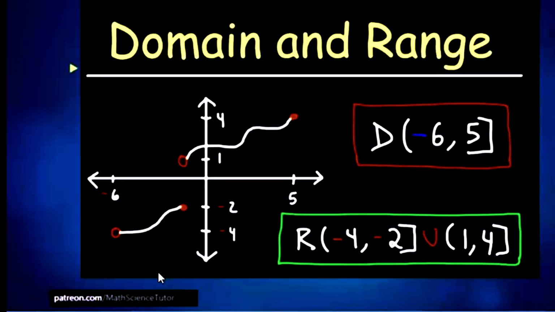So that's our range. We know that it starts at -4 but is not inclusive of -4, and it continues up to +4, inclusive of +4, but it's undefined between -2 and +1. Okay, that's our range. And then the domain, we can see that the graph continues between -6 and 5.